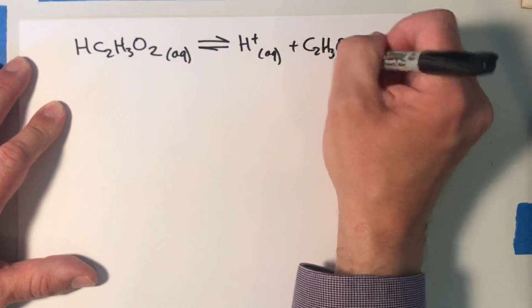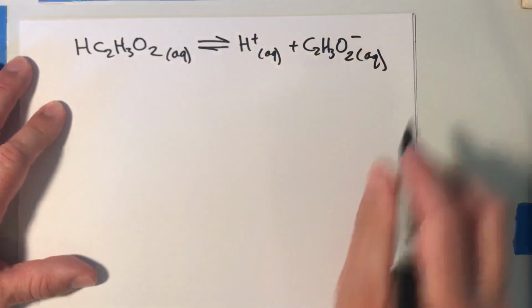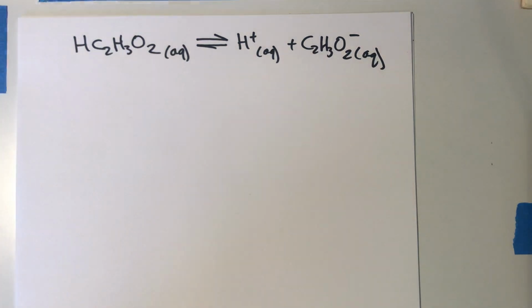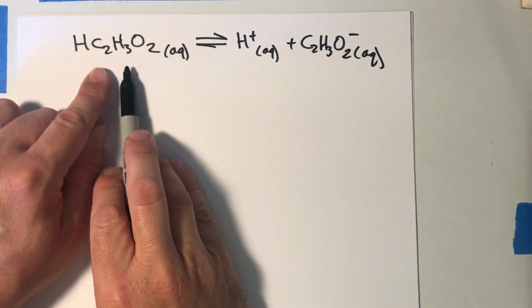So in the case of sodium acetate and acetic acid, we think of it not as a reaction between the two, but as the equilibrium situation present that is created by the dissociation of the weak acid.